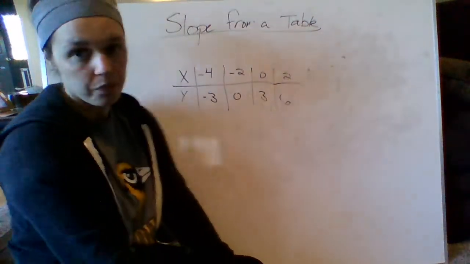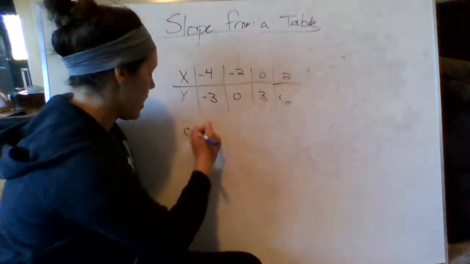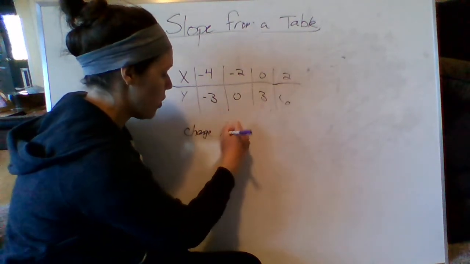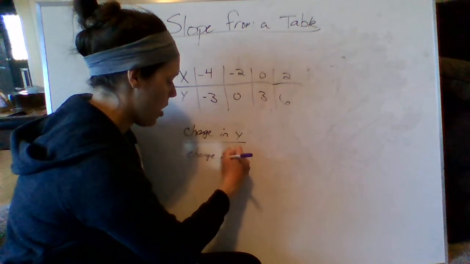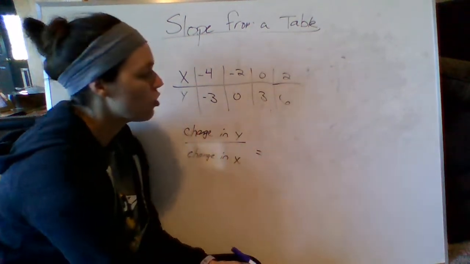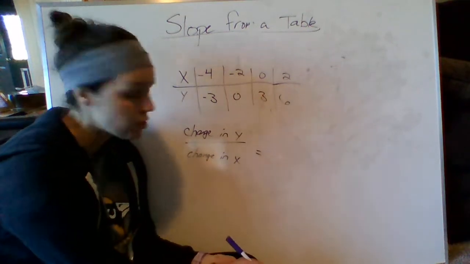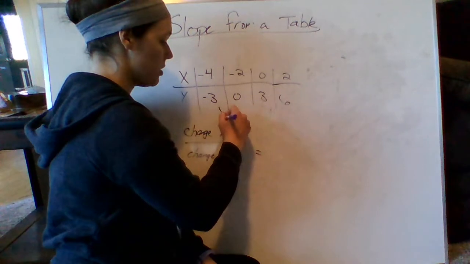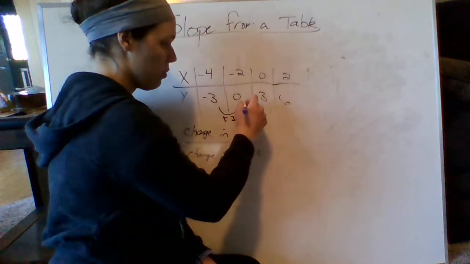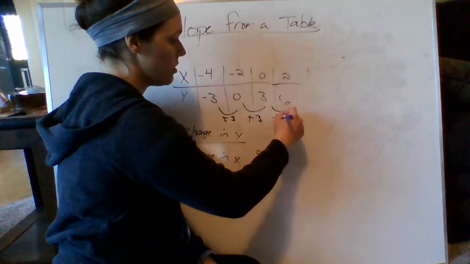To do this without a graph, remember, change in y, how much your y's are changing by, over change in x. Rise over run. So look at your y's. I would start there first, because that's what you're going to do first. Your y's, -3 to 0, that's plus 3. 0 to 3, plus 3. 3 to 6, plus 3.